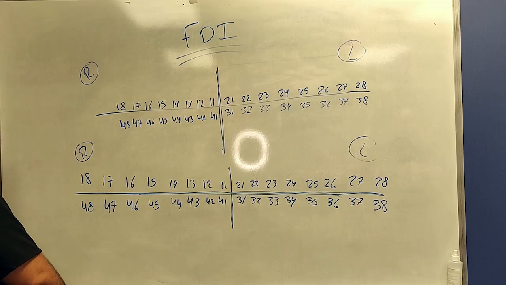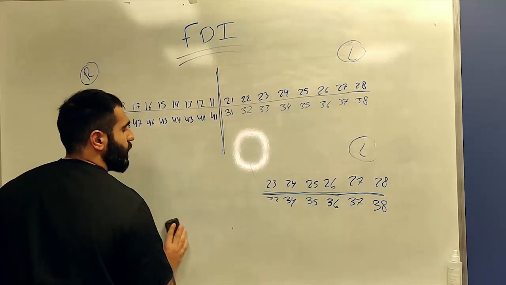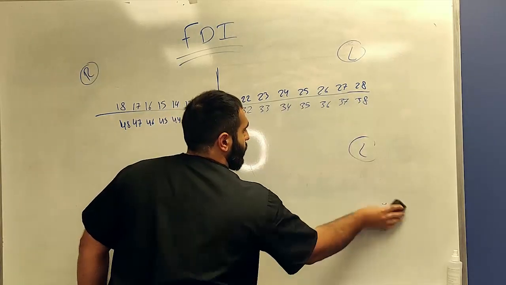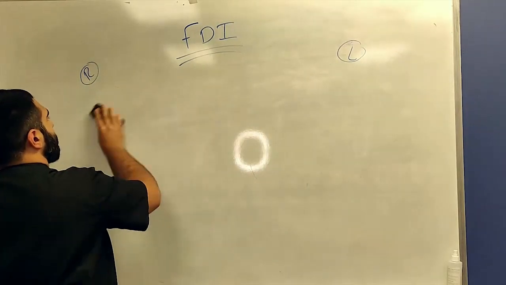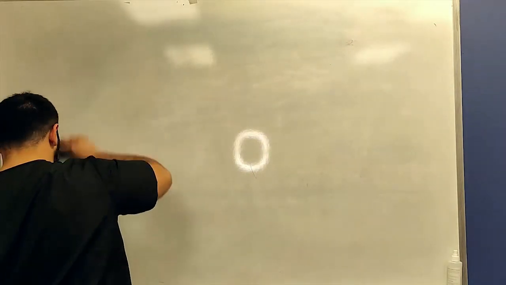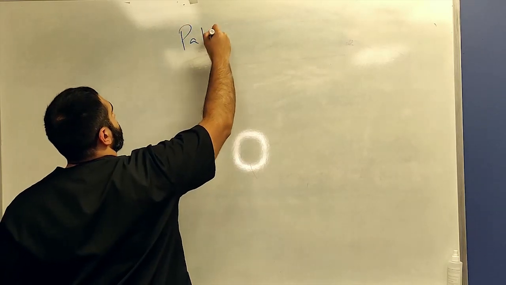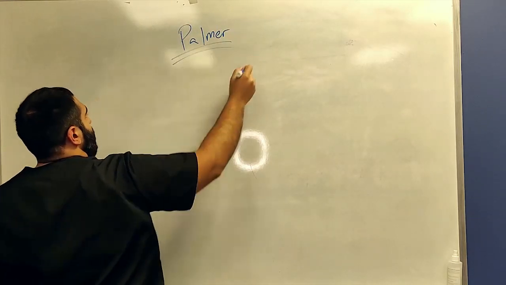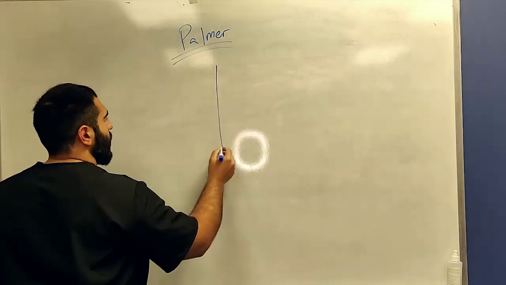Okay. Now we are going to move to the Palmer notation tooth numbering system. I'm just going to write Palmer here. In the Palmer, it's mostly used by orthodontists anywhere in the world.